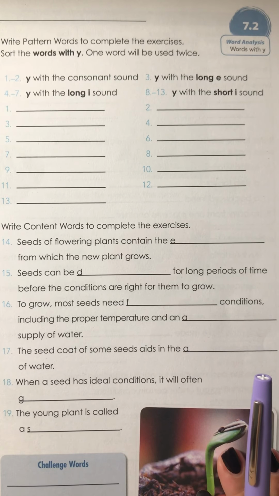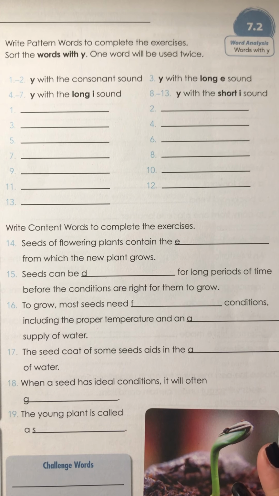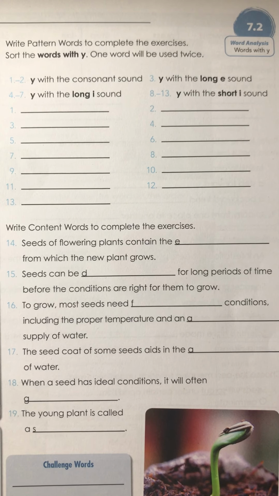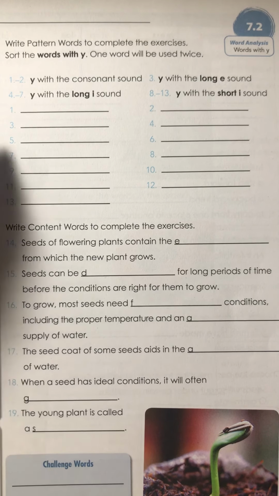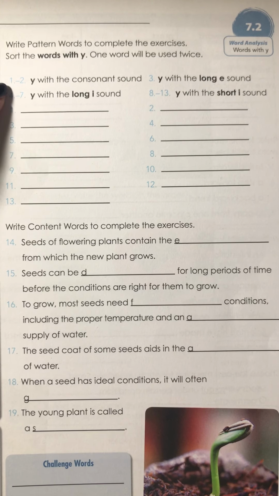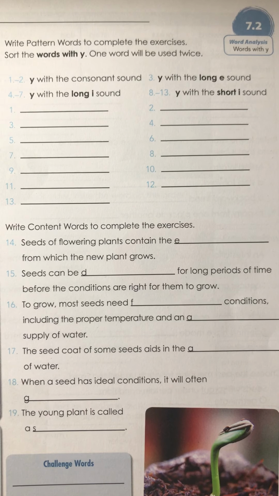So for this activity, you're going to sort out the pattern words that have Y, and it looks like all of the pattern words have Y, so you're sorting them by how they sound. For numbers 1 and 2, you're going to find the two words that use the letter Y with the consonant sound.